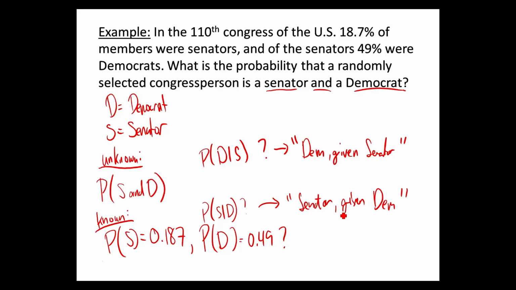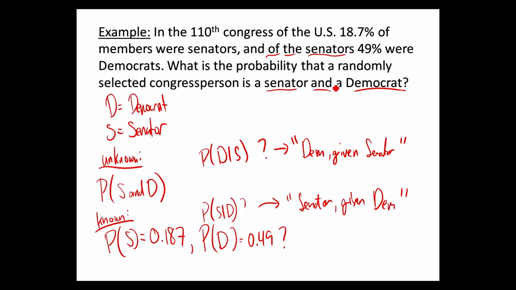Okay, we all know our civics. There's the House of Representatives and the senators, so there are plenty of people in Congress that are not senators. In fact, most people in Congress are not senators. The House has 430 something, and there are only 100 senators. Never changes. So I agree with you: senator given Democrat means you're lumping all the Democrats together and figuring out what percent of them are senators. But I don't think that's what we're given. This says of the senators.